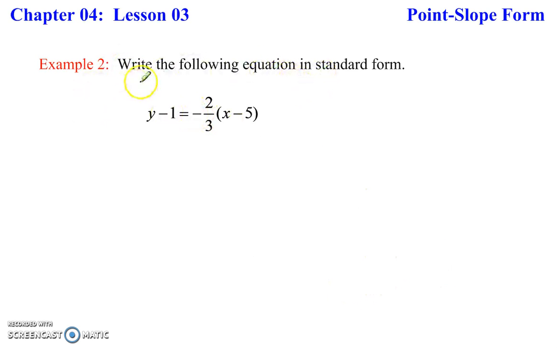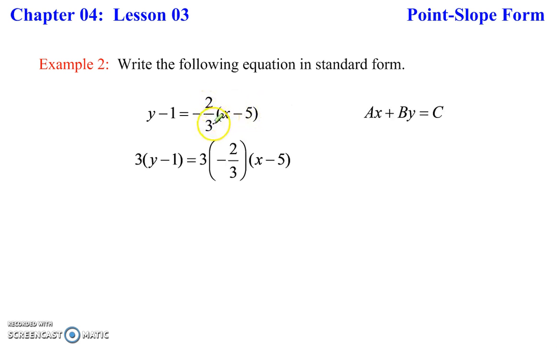Now, if I have a fraction here, if I want to write this in standard form, I could go through and get rid of this fraction, because we can't have fractions in standard form, by multiplying by the denominator. So I'm going to multiply by 3 to cancel out the denominator here. So I have to do the same thing on both sides. Multiply by 3 on each side. That cancels out the denominator.